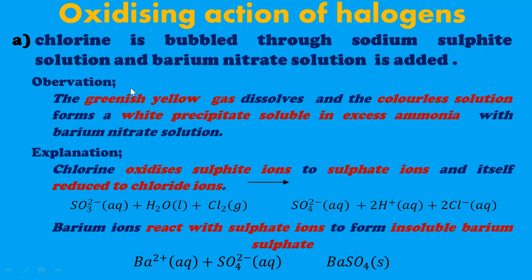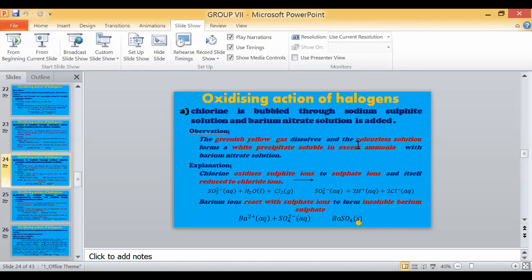So the observation is that the greenish yellow gas dissolves and the colorless solution, the sodium sulfite solution, forms a white precipitate with barium nitrate.